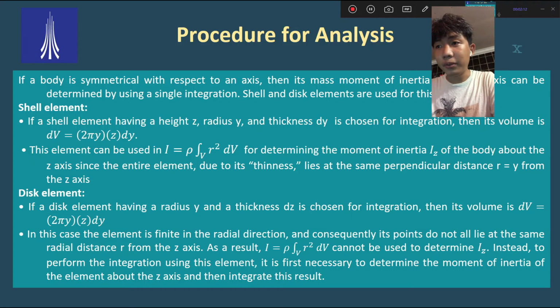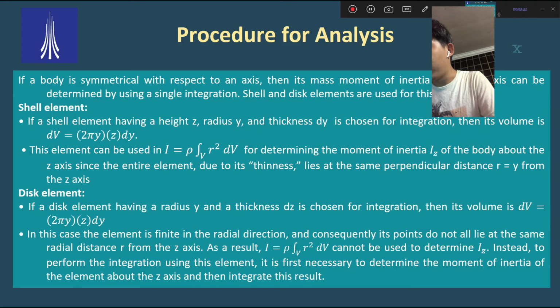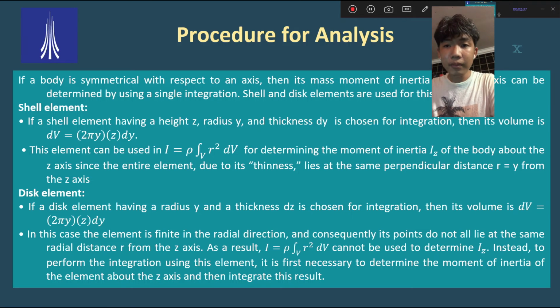This element can be used in I equals ρ times the integral over V of r squared dV for determining the moment of inertia Iz of the body about the z-axis, since the entire element, due to its thinness, lies at the same perpendicular distance r equal to y from the z-axis.